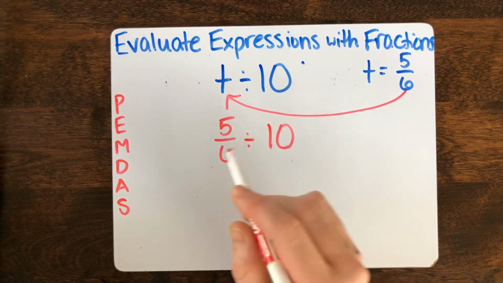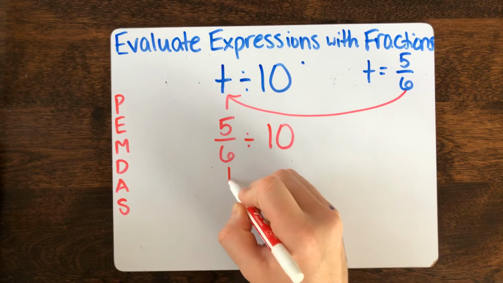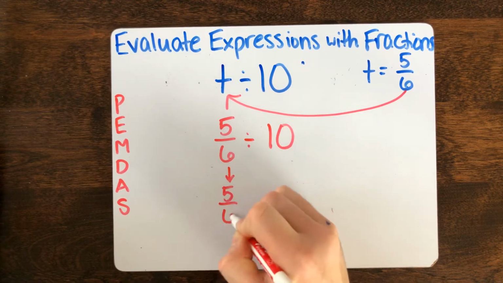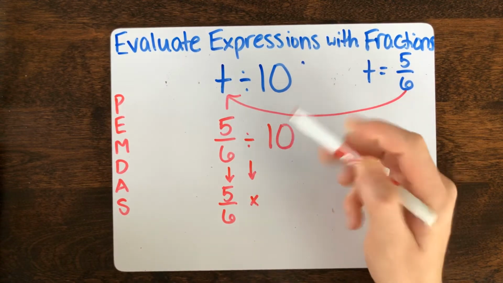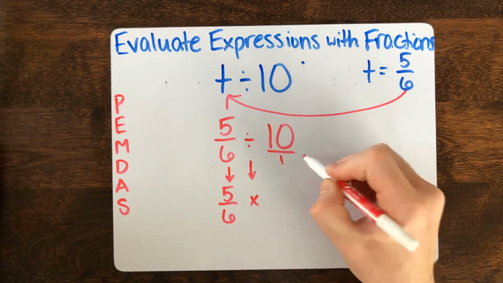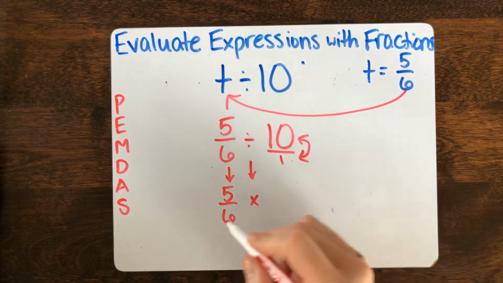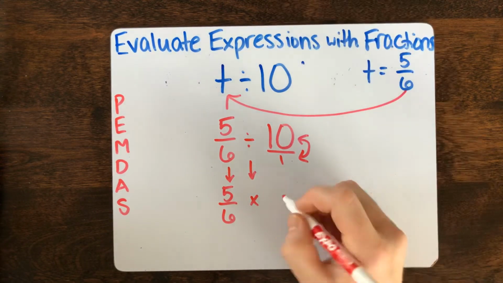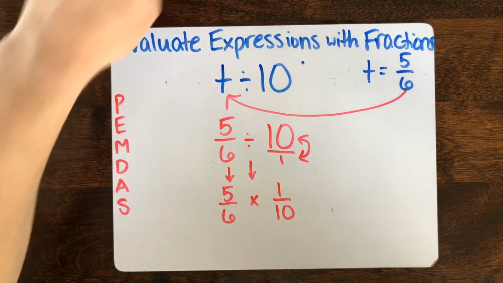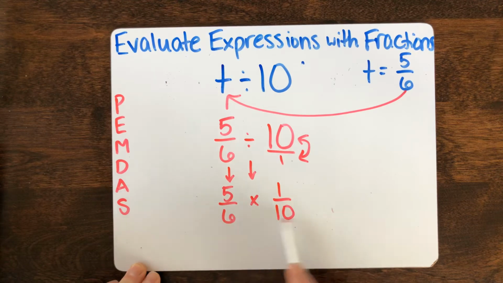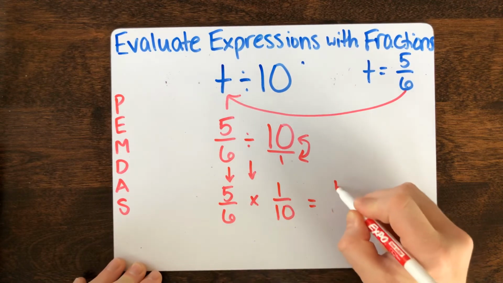It's 5/6 times. Now in order to flip this, we want to put the whole number over a 1, and now we can easily flip it. So 5/6 times 1/10.